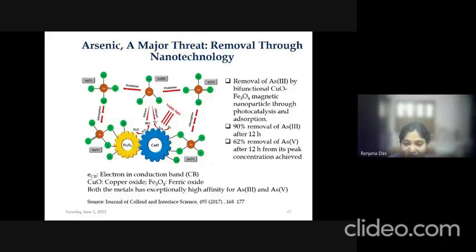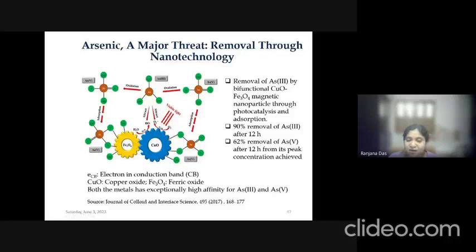In these nanomaterials, what is happening is they are not only getting attached to the arsenic residue, but some oxidation and reduction process is also there, and arsenic 3 is oxidized to arsenic 5. In this way, the toxicity reduction can be done also by this application of nanomaterial.